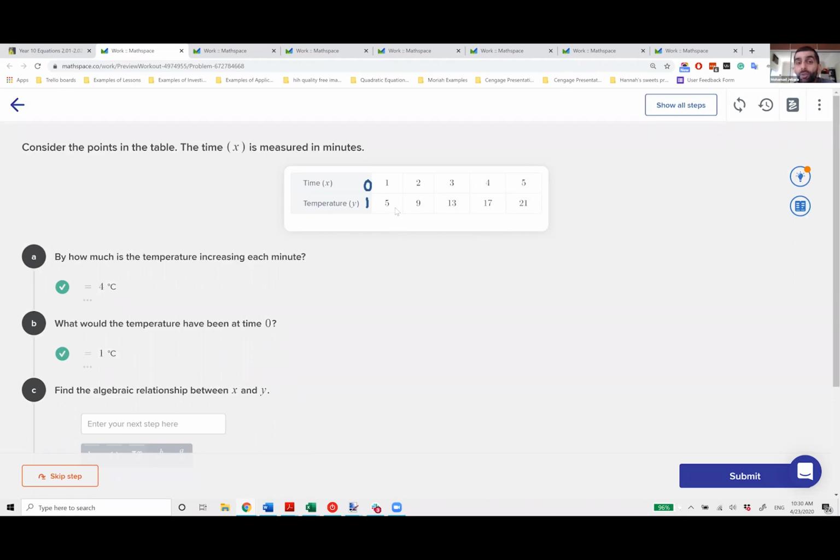So it is actually y equals 4x plus 1. If I multiply the x here, 2, by 4, I get 8, and then adding 1 gives me 9. So what's a good way to work it out? Seeing how much it goes up by tells you what's going to be in front of the x. And then seeing what it is when x is 0 tells you what the plus is going to be at the end. So y equals 4x plus 1.